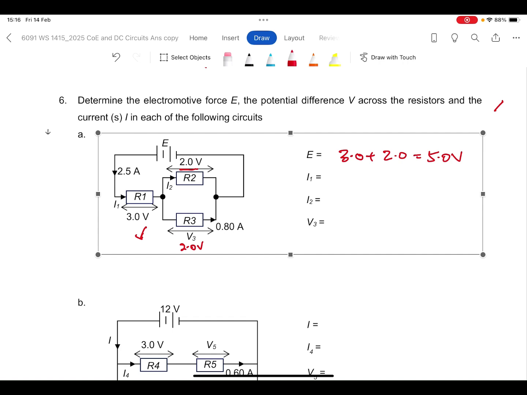The current I1 is already given as 2.5 amperes.